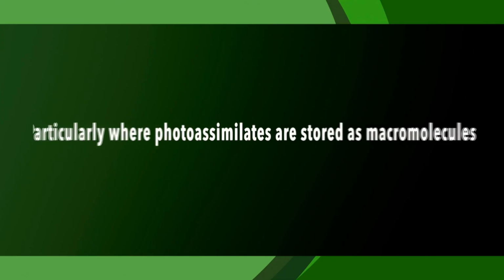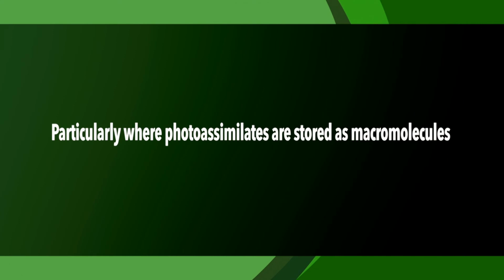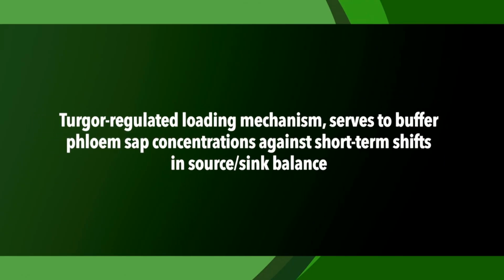Under these conditions, symplasmic exchange to the lateral storage sites largely occurs by diffusion, particularly where photoassimilates are stored as macromolecules. Concurrent exchange of photoassimilates to and from the apoplasmic pool under the control of a turgor-regulated loading mechanism serves to buffer phloem sap concentrations against short-term shifts in the source-sink balance.